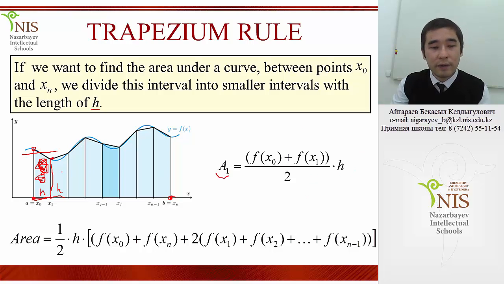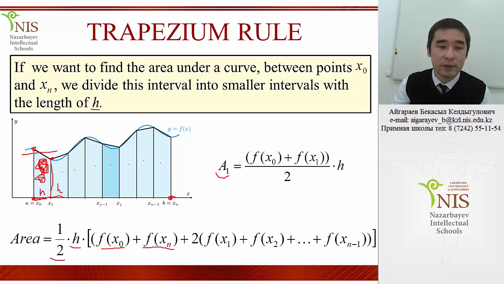And we will find the area of the second, third, fourth, fifth, sixth, seventh, and eighth, and then we are going to add them. That will give me the whole area that I want. And the formula in general form will be like this. Here h is the interval, 1/2 is for the average, f of x0 and f of xn.